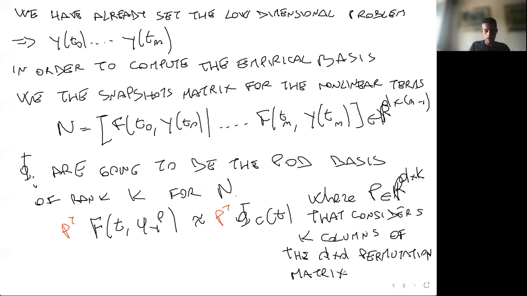So in other words, we have a permutation matrix, and we consider the first k columns.